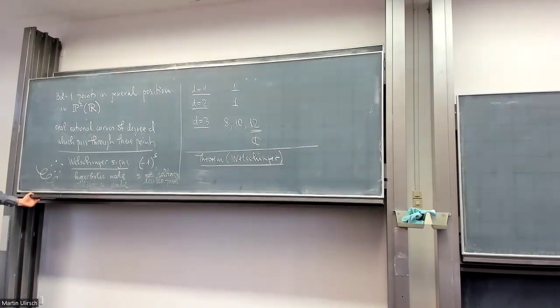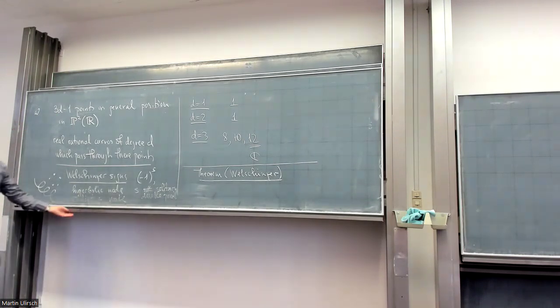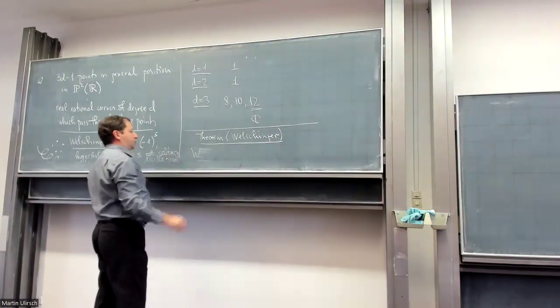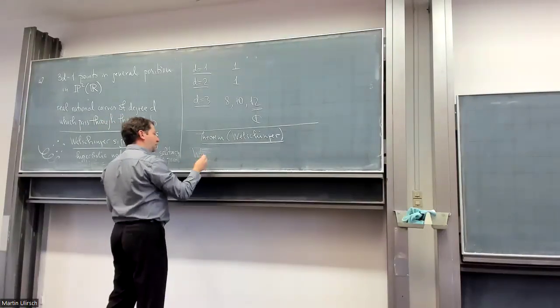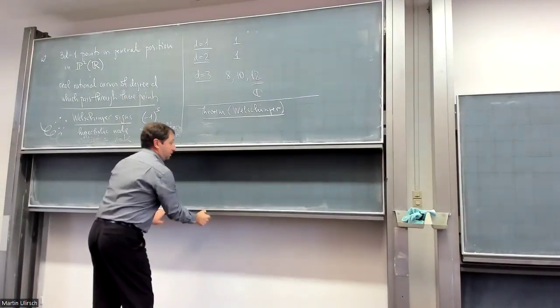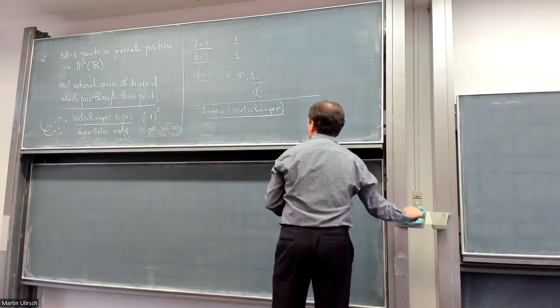So let me denote the configuration of points by omega. So omega is the configuration of my points. And now I cook up such a number. Okay, so it's probably not a good idea to write here, so you will see nothing. Let me write this theorem here.